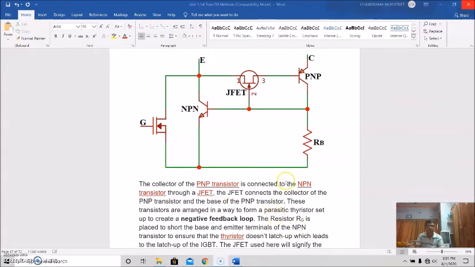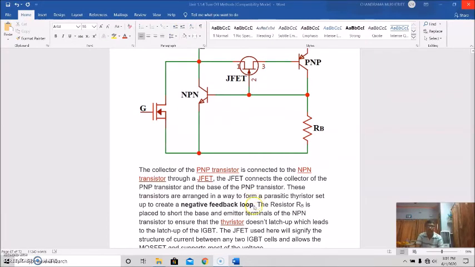The resistor RB, this one, is placed to short the base and emitter terminals of the NPN transistor, to ensure the transistor does not latch up, which leads to the latch up of the IGBT.